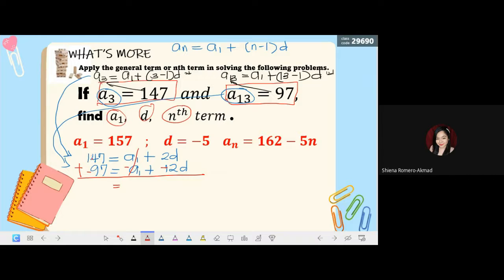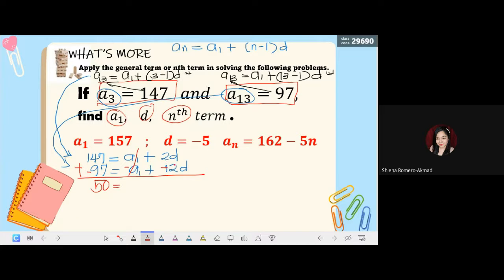Pag magkaiba sila ng sign, mag-subtract. Yes? 50 po, ma'am. Sabi ni Pion, 50. So, the answer here is 50. Okay? And a sub 1 plus negative a sub 1 is 0, so we cancel it out.